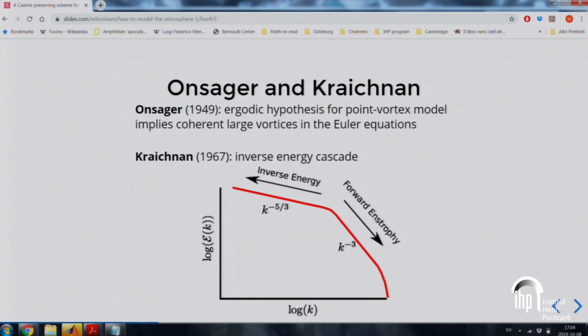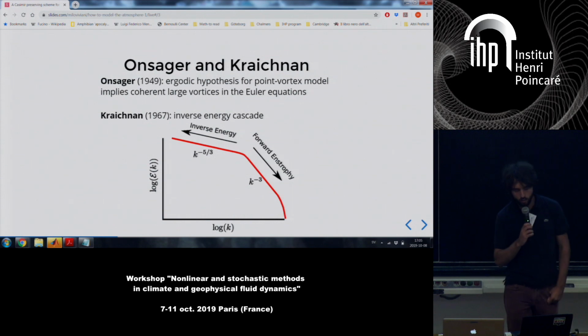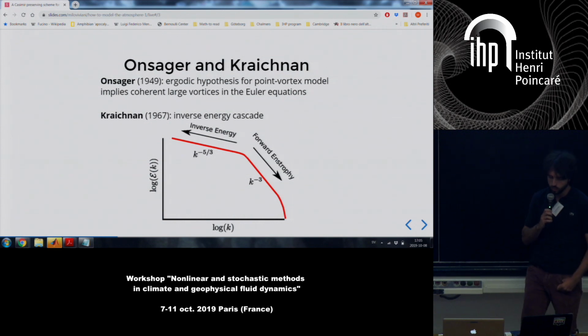So a bit of history on 2D turbulence and the questions that arise in the 2D turbulence. So Onsager in 1949 claimed that, well, we can explain this clustering of vorticity into the ideal hydrodynamics using an ergodic hypothesis for the point vortex model.